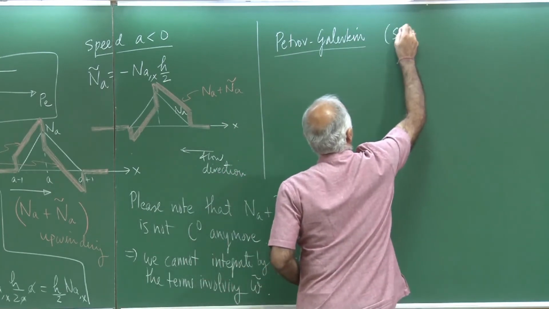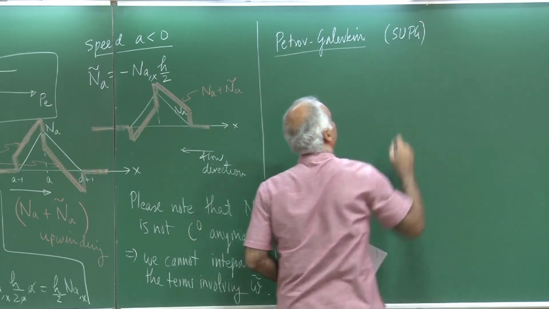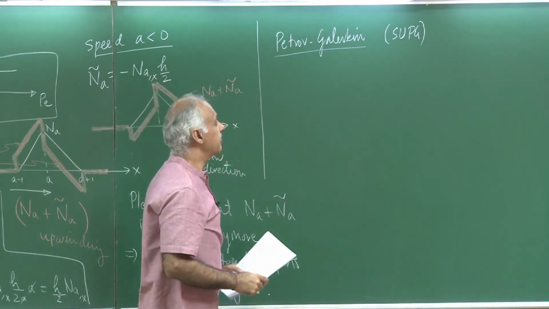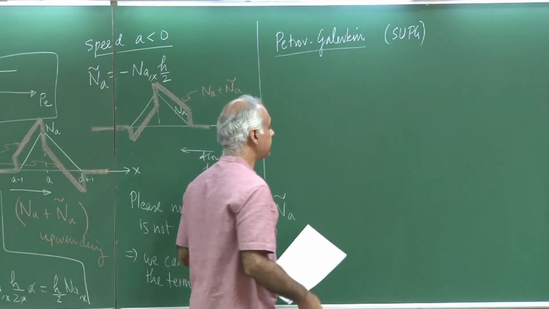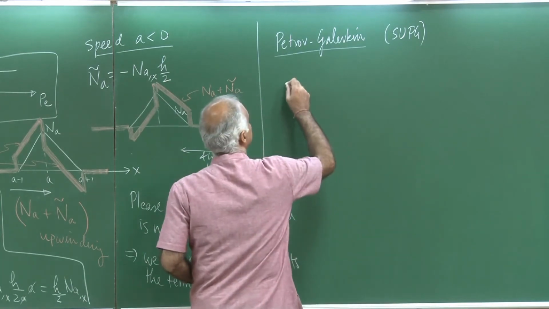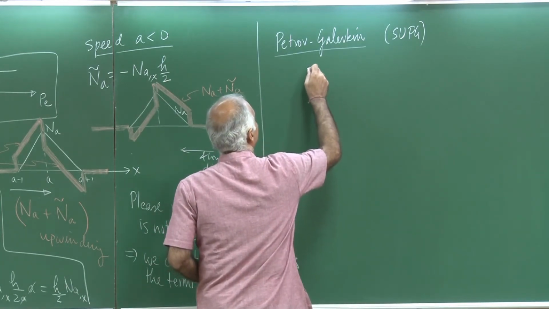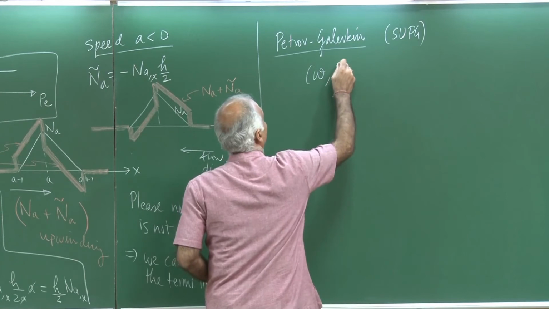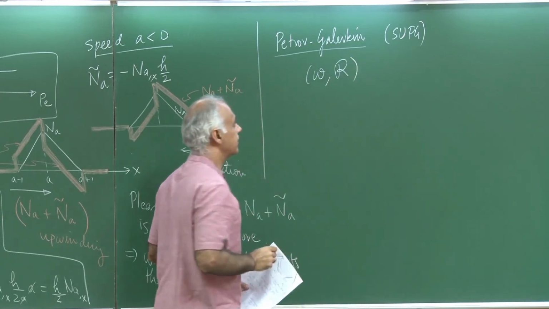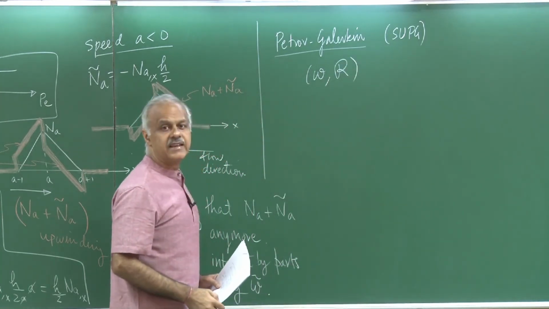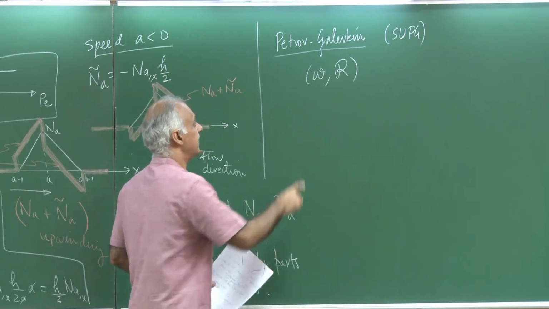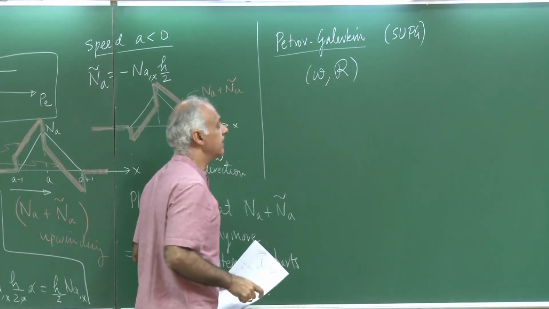In fact, we are going to write down the SUPG method, the streamlined upwind Petrov-Galerkin. The proposed method is that if R is my residual, I first do the usual Galerkin statement, that means the weighted residual.